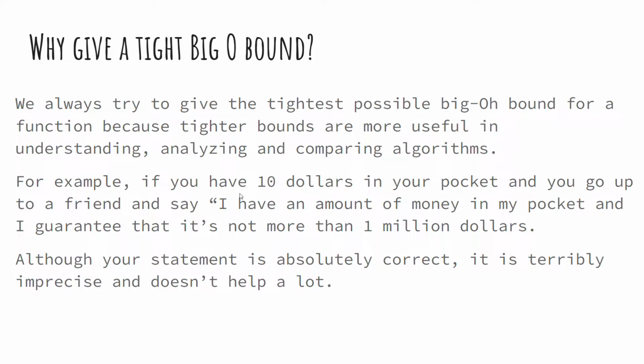So for example, if you have $10 in your pocket and you go up to a friend, and you don't want to tell them how much money you have, and you say that I have an amount of money in my pocket and I guarantee that it's not more than $1 million, then it doesn't really help your friend to know that, because for example, if you're going to a restaurant, you can't pick which restaurant to go to if you don't have a tighter bound. So basically that's the reason why we always try to find a tighter bound for big O notation.